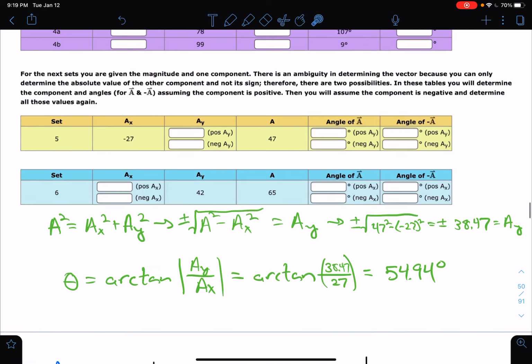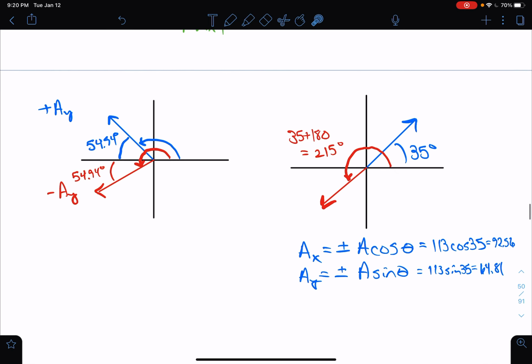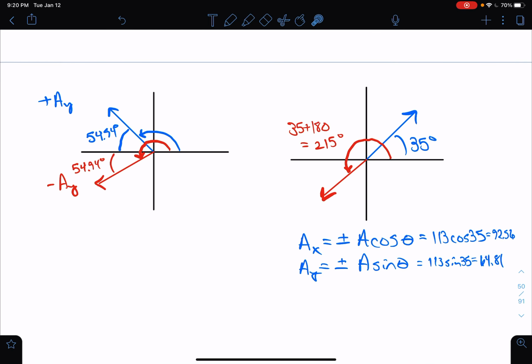And again, I definitely recommend drawing out the vectors. Until you're highly skilled at this, until you have a lot of practice, this makes it so much easier. It's almost impossible to get these answers correctly if you're not drawing out the vectors.